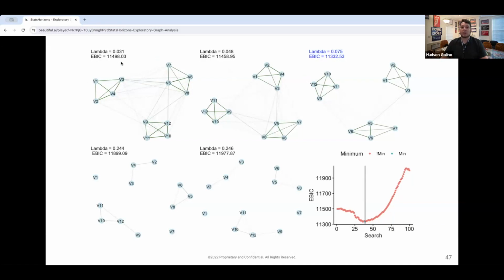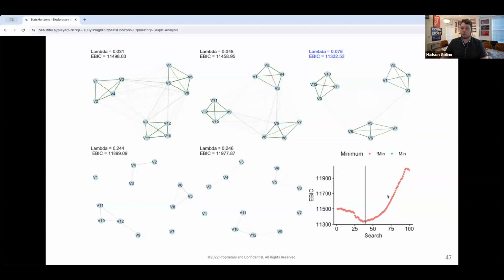So we start with a highly interconnected network of partial correlations like this one in the top left. As we move along the search for different values of lambda, we shrink the partial correlations down towards zero, and we record the extended Bayesian information criteria.